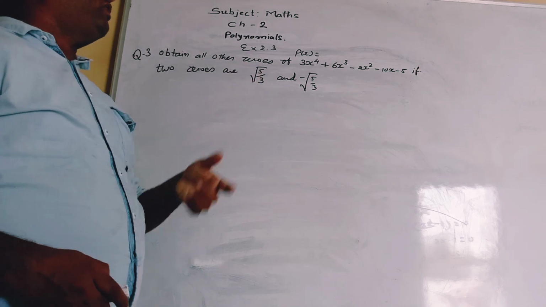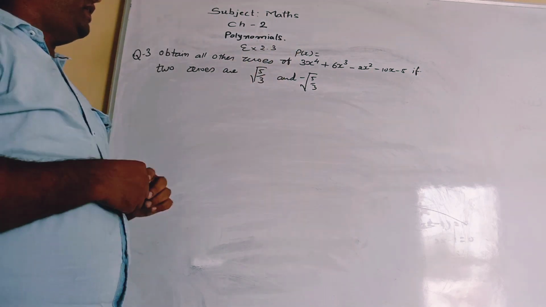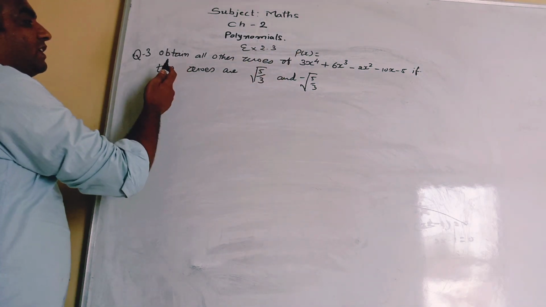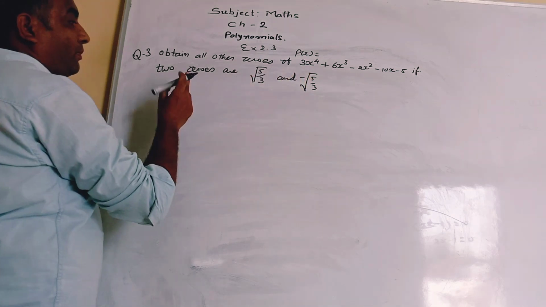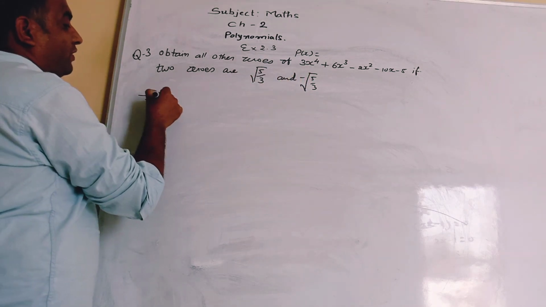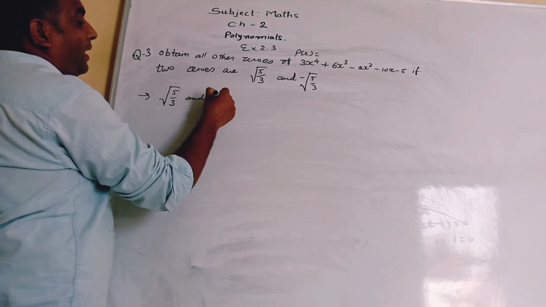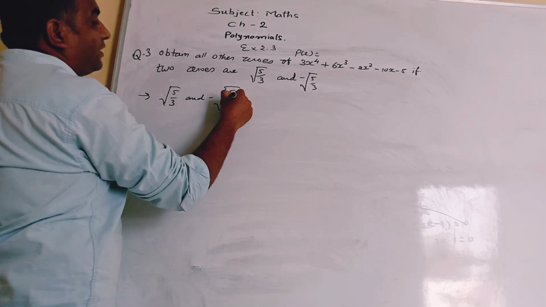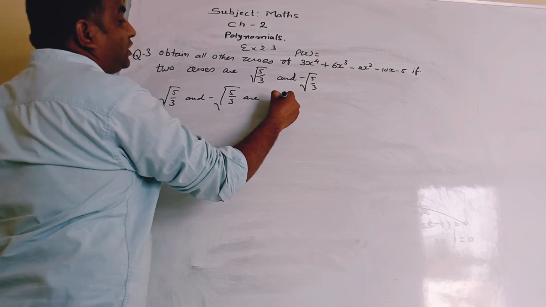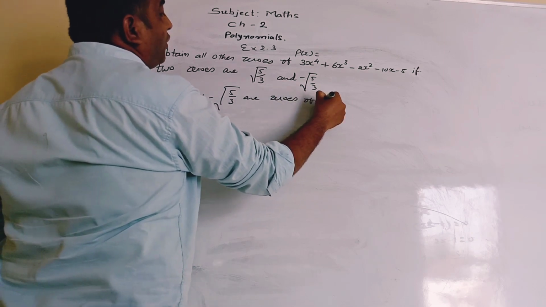So first we have to find out factors of polynomial px. For that it is mentioned that two zeros are root 5 by 3 and minus root 5 by 3. So we can write that root 5 by 3 and minus root 5 by 3 are zeros of polynomial px.